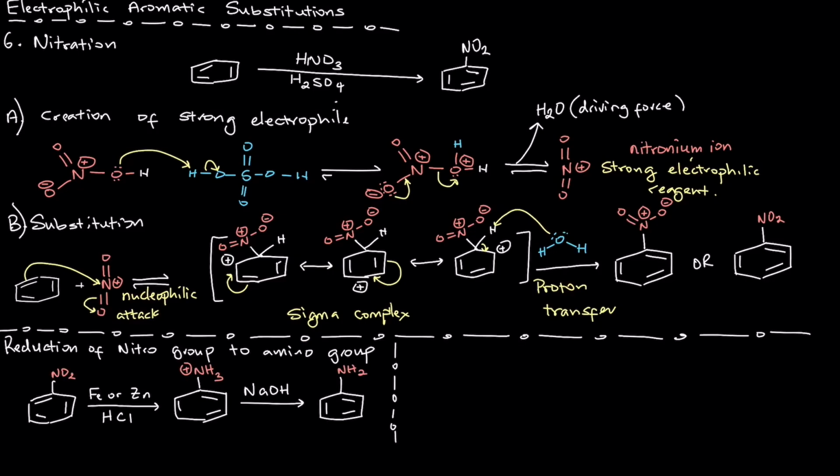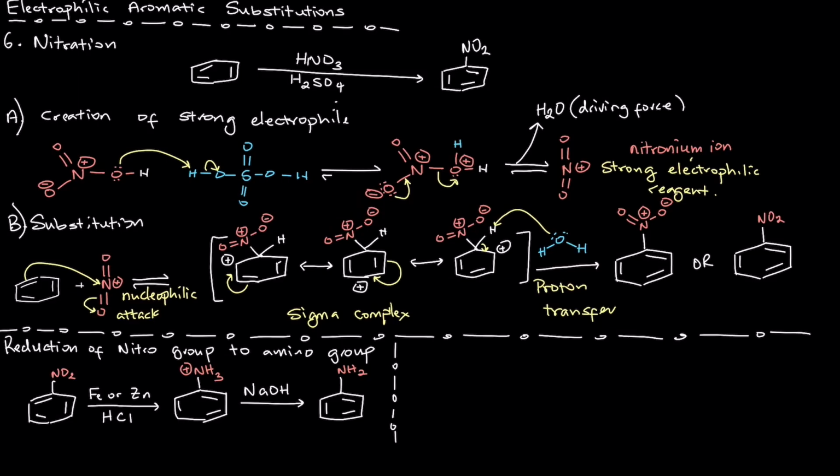Another cool reaction that you can stem off of your nitration reaction is a reduction of your nitro group into an amine. So you can take your nitrated product, your nitrobenzene, and you can react that with either iron or zinc solid dissolved in HCl. And that will essentially form an ammonium.